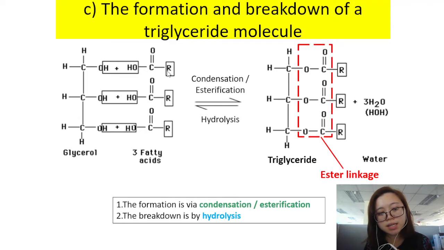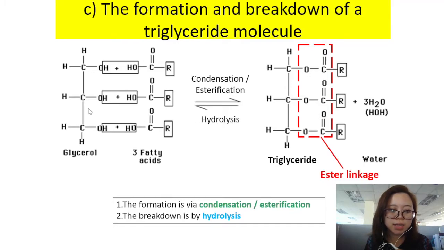Now you notice there is R, R, R in the diagram for the fatty acids. Remember, R we can use to describe hydrocarbon chains. Okay, di sini memang ada banyak lagi karbon dan hidrogen dan sebagainya, tapi sebab mau jimat masa ataupun maklumat itu kurang penting, jadi kita singkatkan saja kepada R.